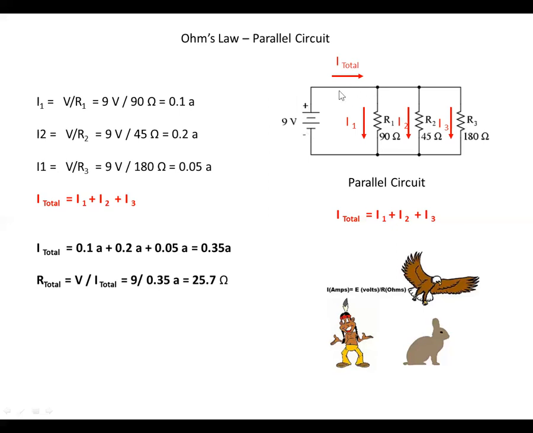So the total resistance that's connected to you as the battery would be the voltage, which is 9 volts, divided by 0.35 amps, or the combined equivalent resistance of these 3 resistors is 25.7 ohms. So this voltage source couldn't tell the difference whether you had a 25.7 ohm resistor hooked up to it or 3 resistors of these values hooked up. The same total current will flow out of the battery.